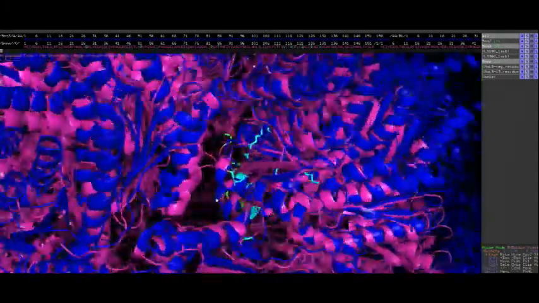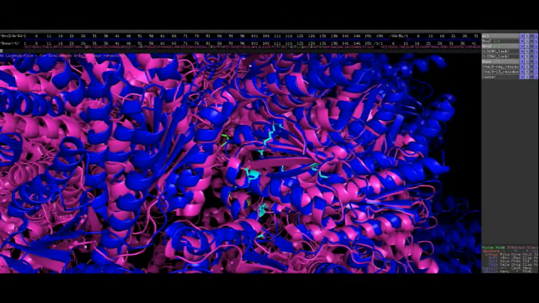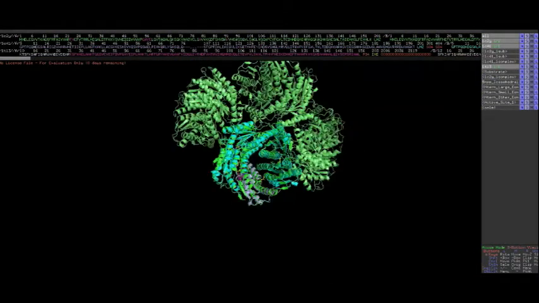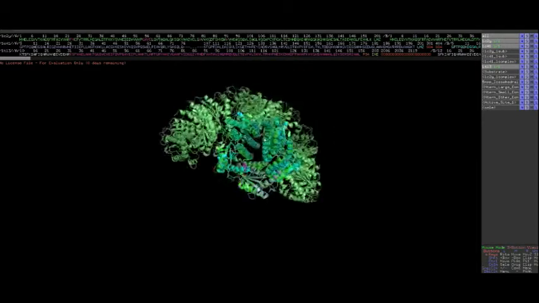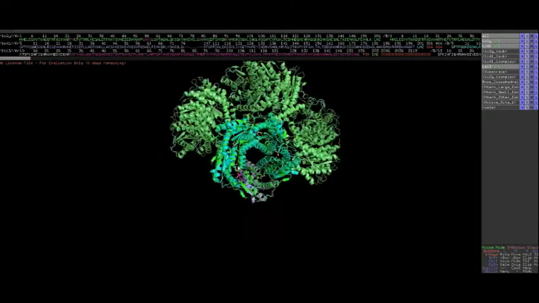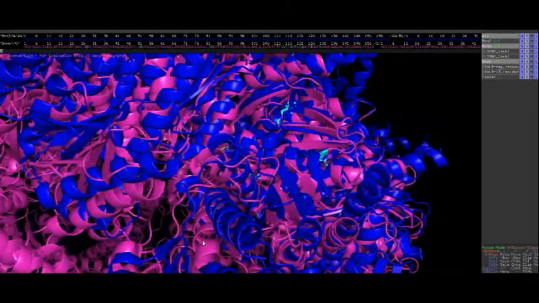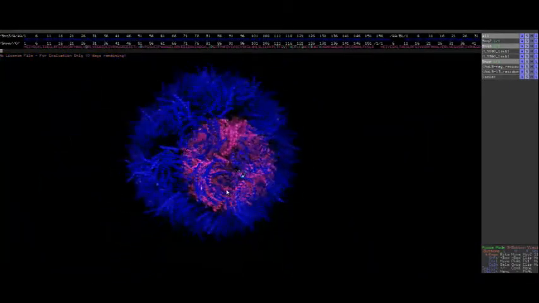So it causes a slight change in the way that these different pentamers associate with each other. It creates kind of a different angle between the different pentamers and creates this much larger structure.